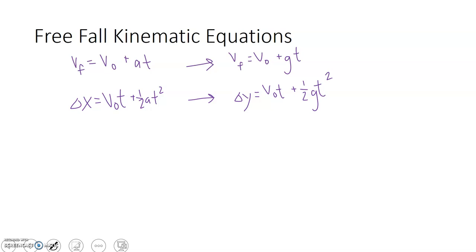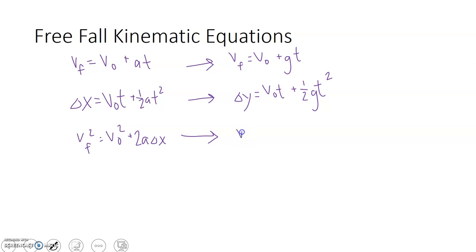And then finally, the final velocity squared is equal to the initial velocity squared plus 2a times the horizontal displacement.